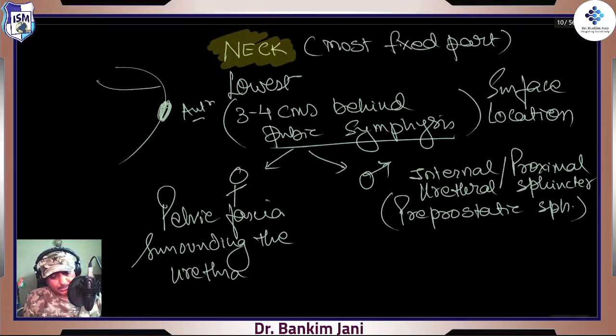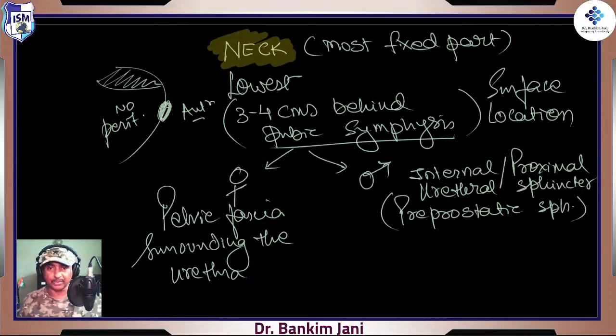So it is this portion which is covered with peritoneum, and in this lower portion there is no peritoneum. That would be a big advantage: in case anything is to be inserted over here once the bladder is distended, you won't be entering into the peritoneal cavity.